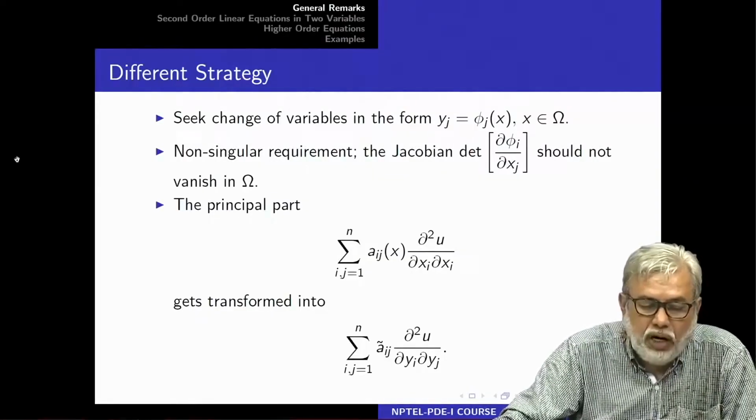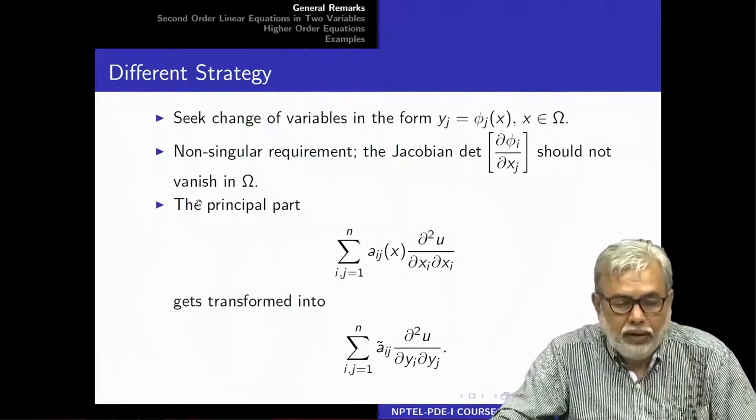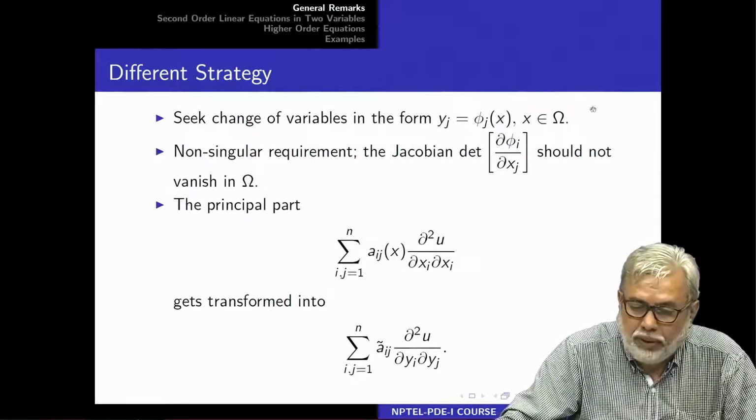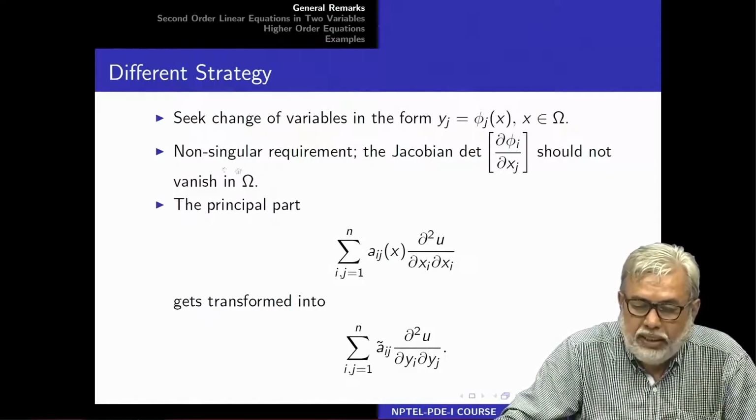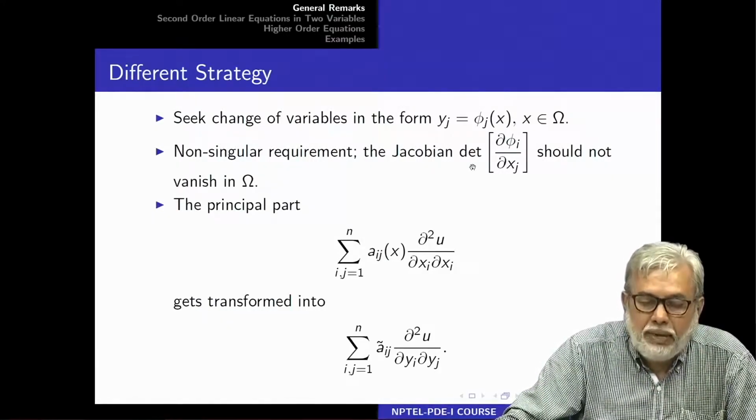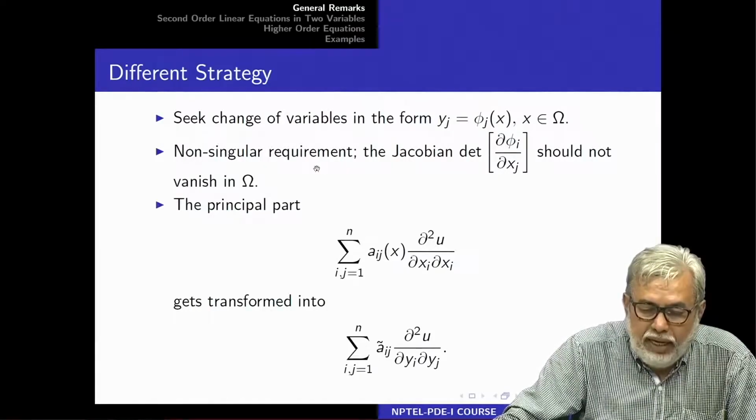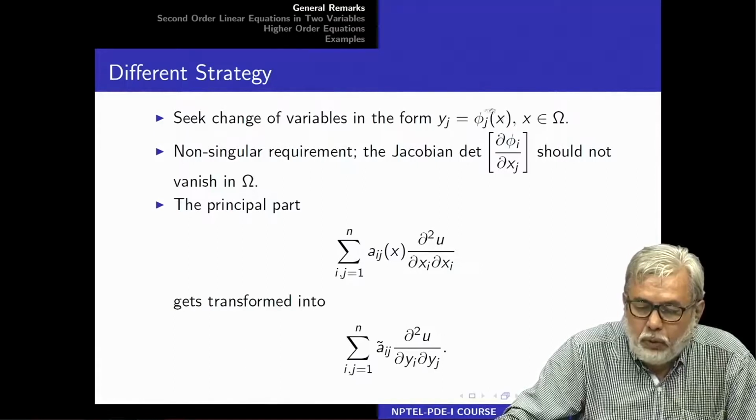That should not vanish in omega, that open set omega. So, this is the requirement. Why this requirement? Then from the variable x we can go to y, and from y back to x.